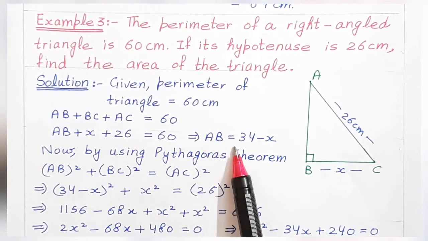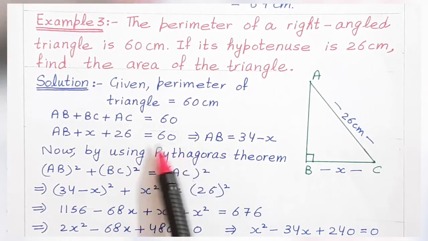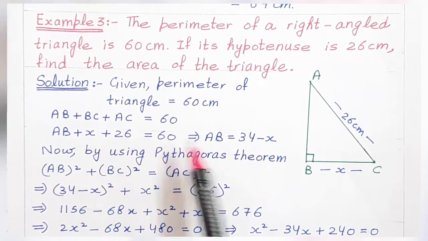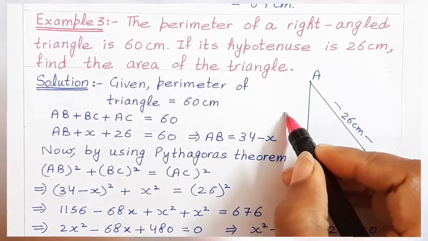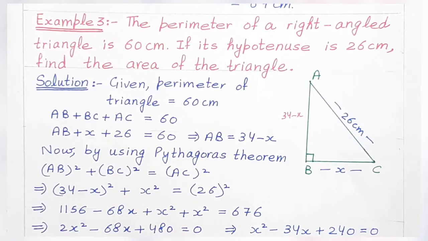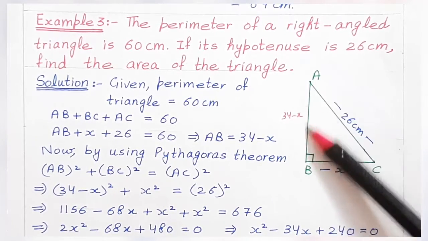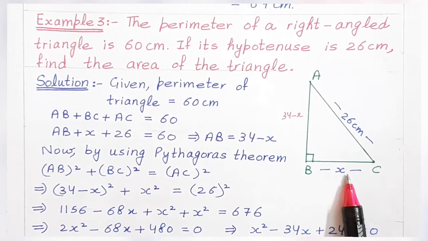So AB is equal to 60 minus 26, that is 34. So 34 minus x. So we can say that AB is 34 minus x. Clear?